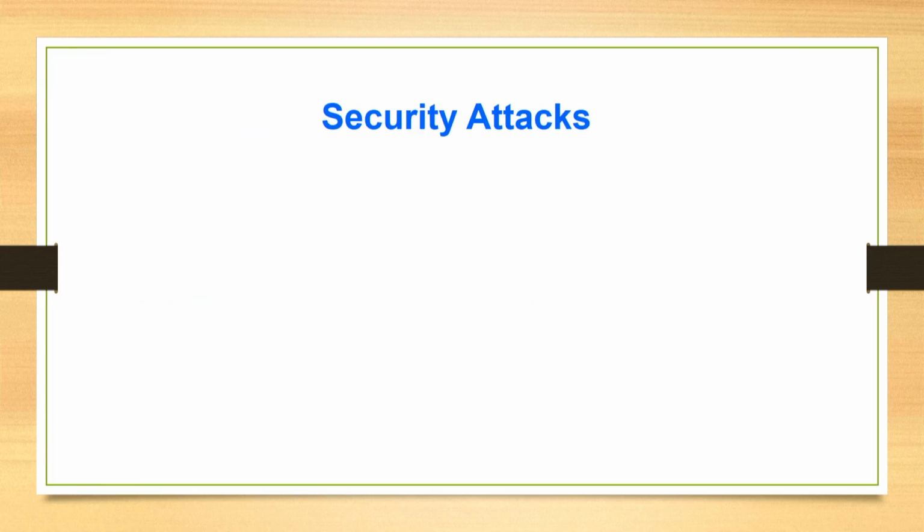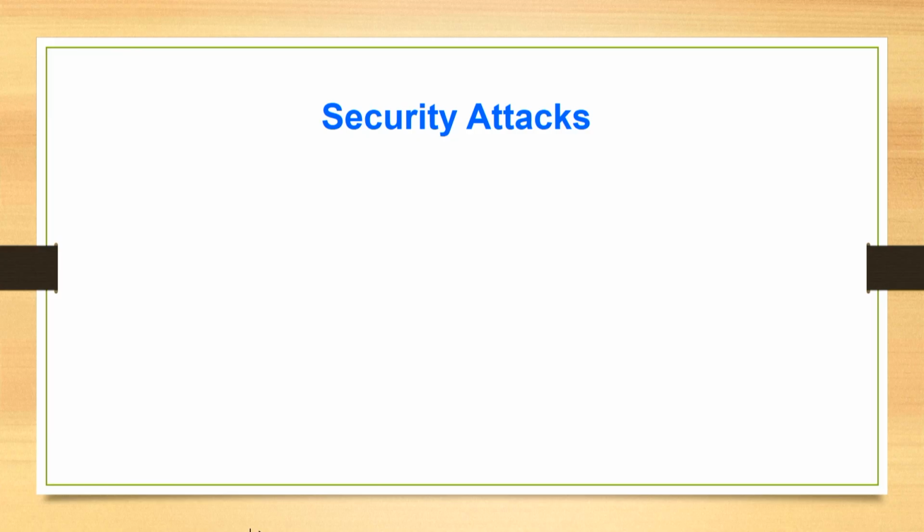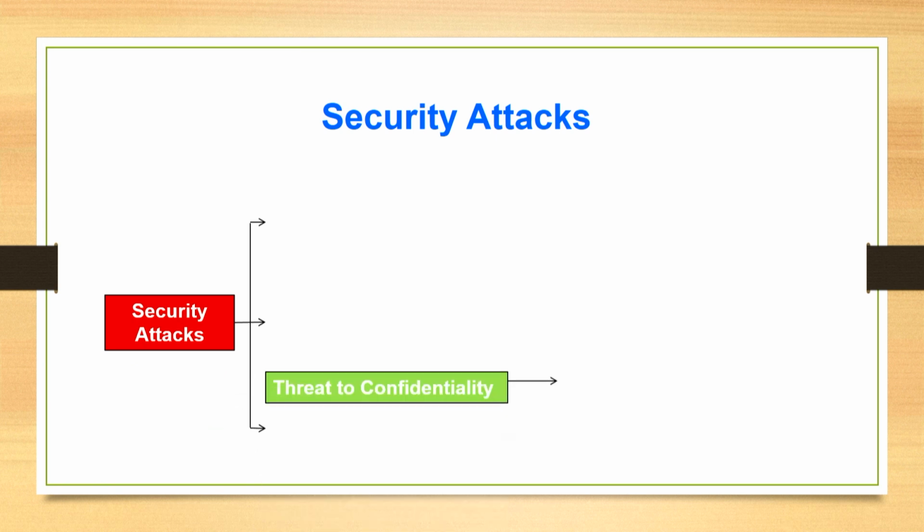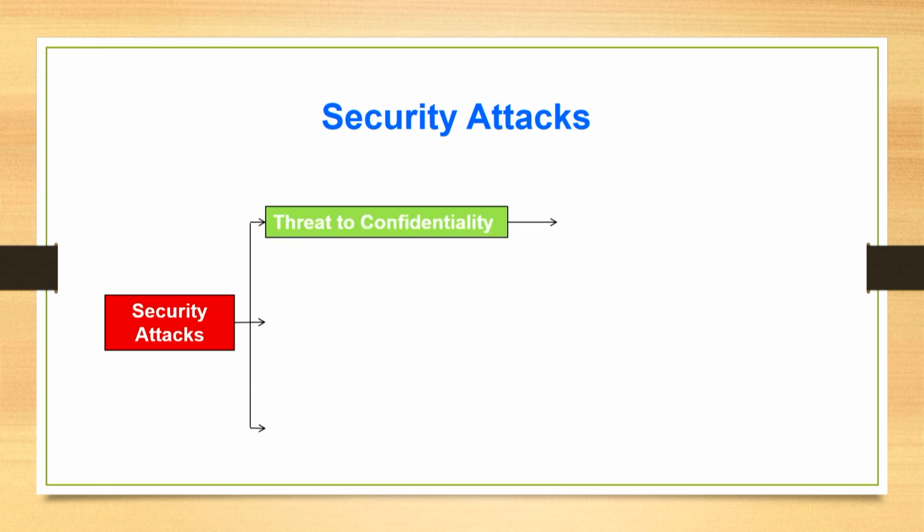Next, after going through the security goals, that is integrity, confidentiality and availability, next is security attacks. Security attacks are of different types. These attacks are on the confidentiality, integrity and availability of data, or you can say information.